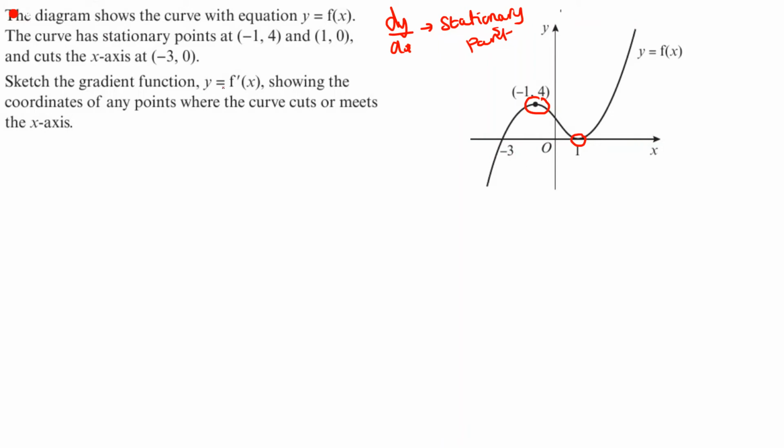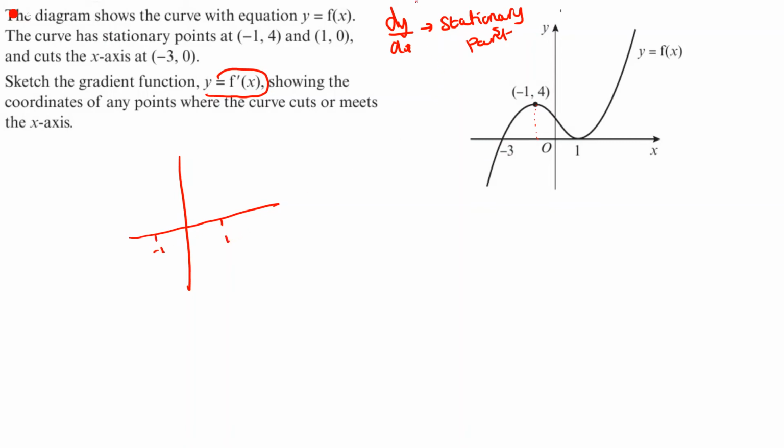So if they want us to sketch the graph of y equals f of x, we only sketch the points of the minimum and maximum. So the minimum here is at -1, and then here the other one is going to be at 1 also. So we have 2 points to plot.